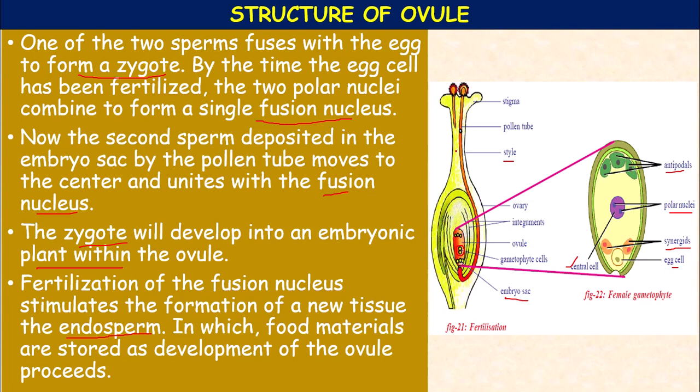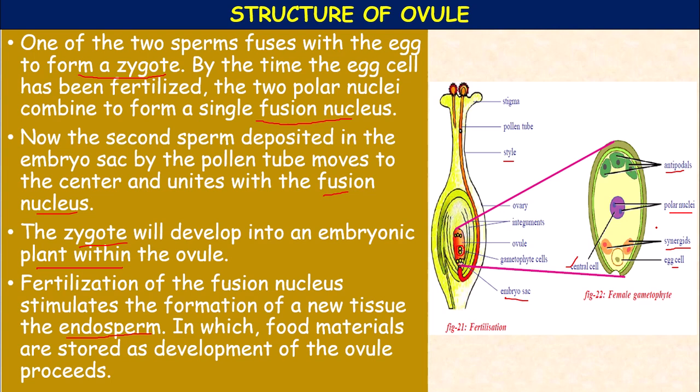Another male nucleus, or sperm, enters and fuses with this central cell, resulting in the formation of endosperm. The zygotic nucleus, after the fusion, develops into an embryonic plant, meaning a baby plant in the ovule.